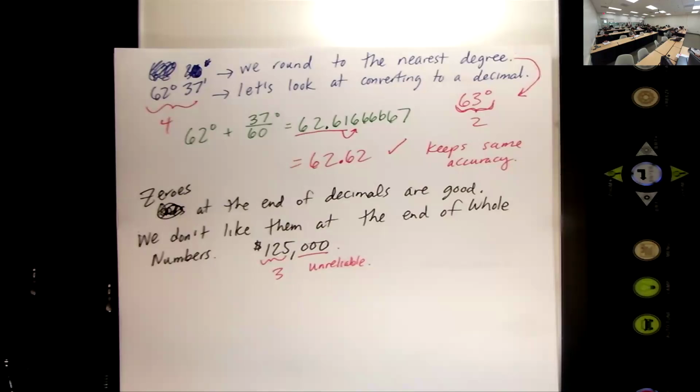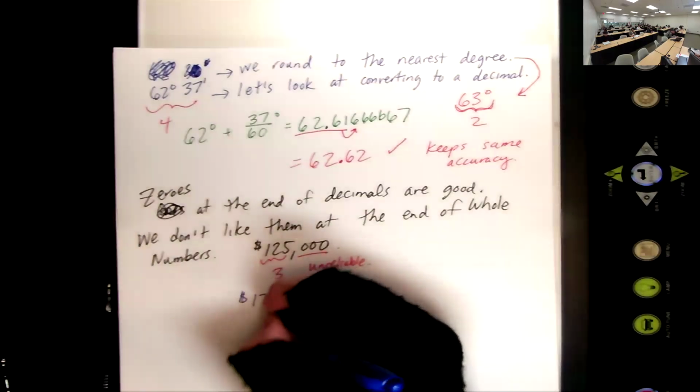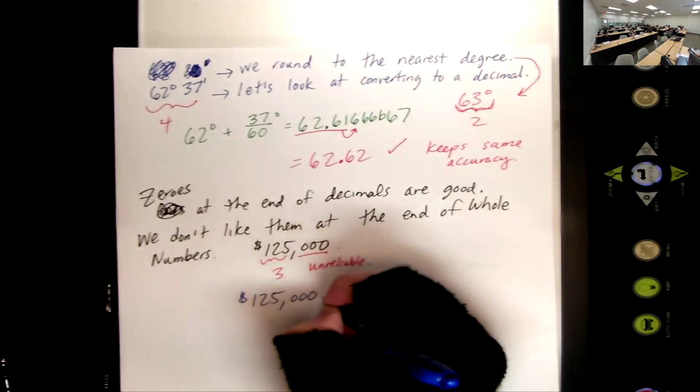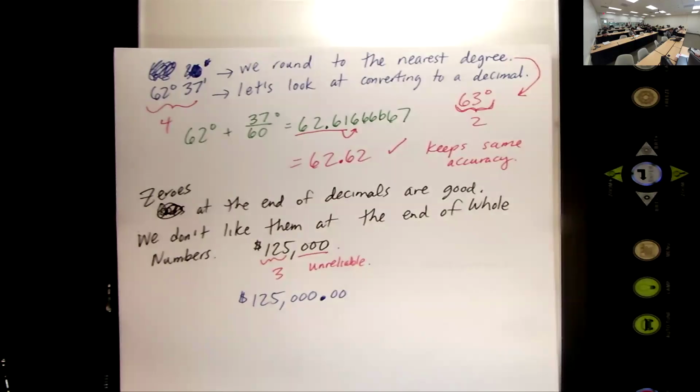Oftentimes, there is an exception to this. If you see like 125,000, and maybe they put the decimal, then there's a good chance it's accurate.